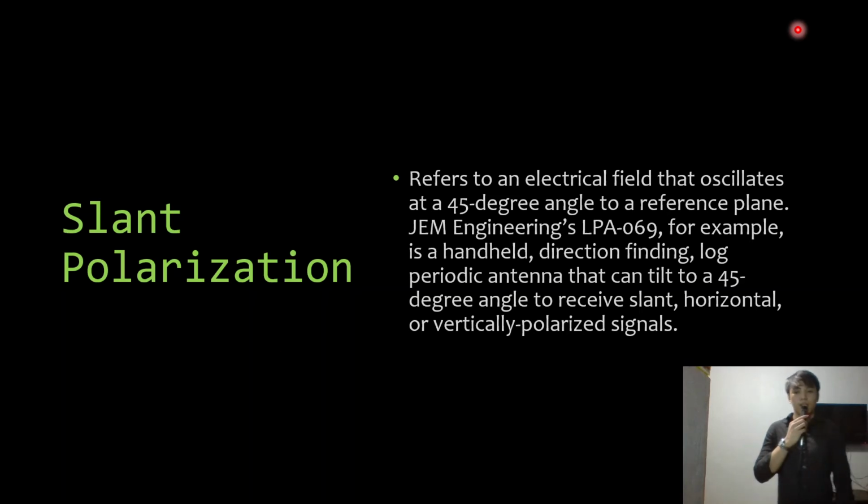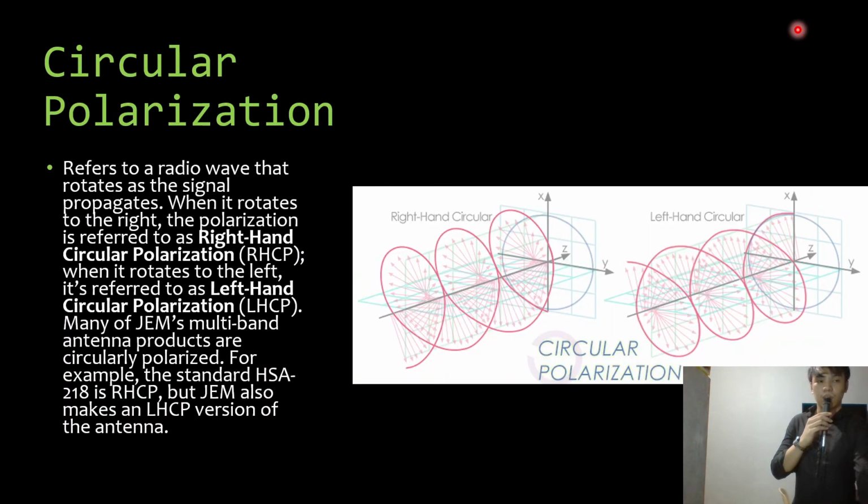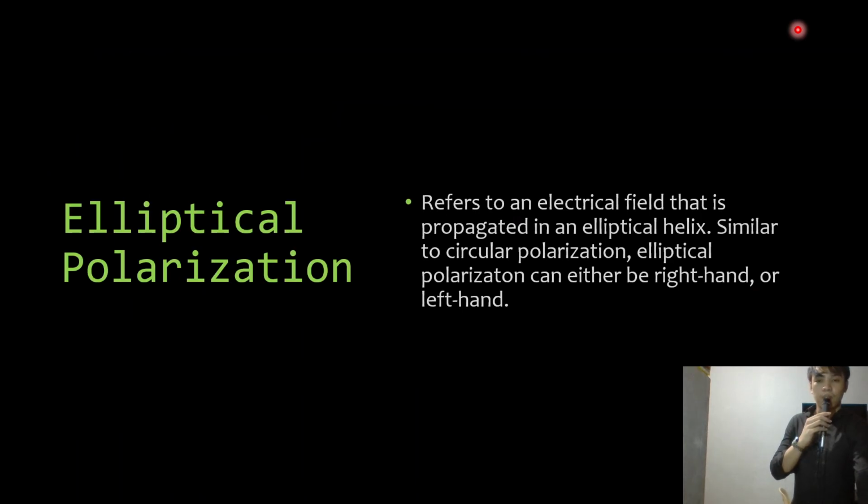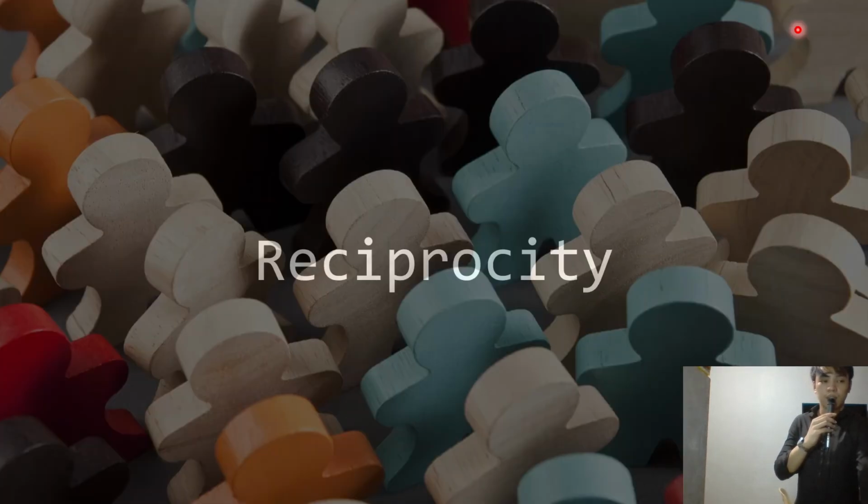The next one is the slant polarization. It refers to an electrical field that oscillates at a 45-degree angle to a reference plane, for example, handheld and direction finding. The other ones are circular polarization and elliptical polarization.